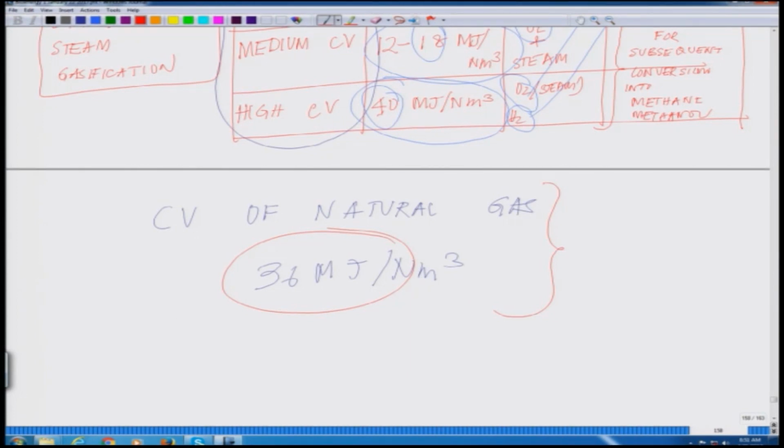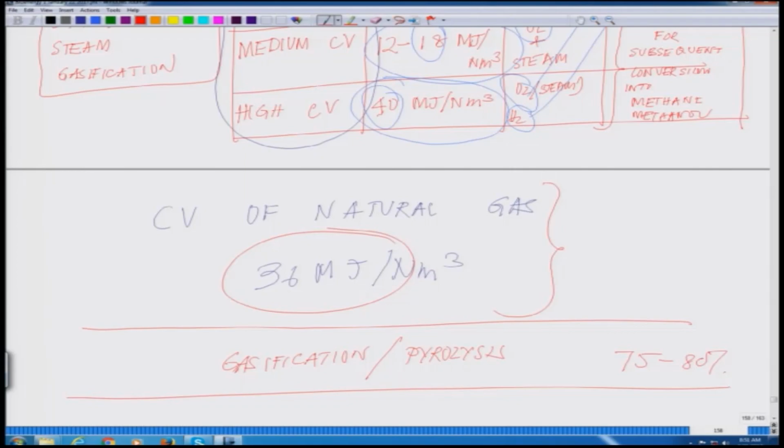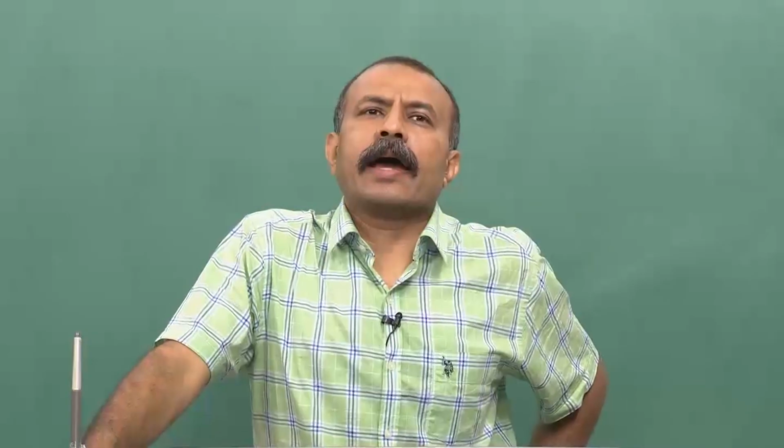So, the challenge is to consistently get something in between a medium and a high calorific value feed. And if you look at the efficiency of conversion of both, what we did previously, the pyrolysis and gasification, for both techniques the biomass conversion efficiency is around 75 to 80%. So, here is a catch.